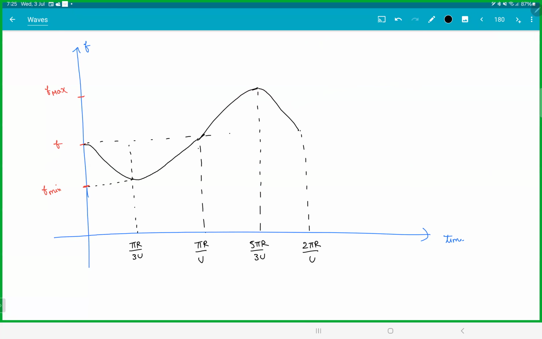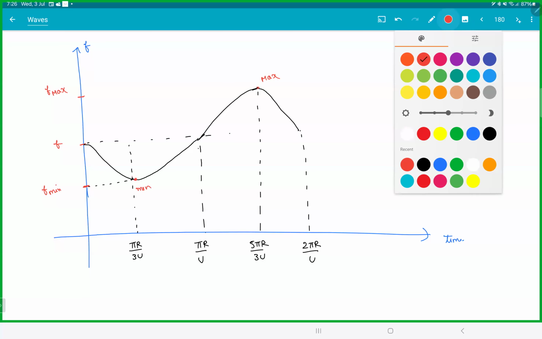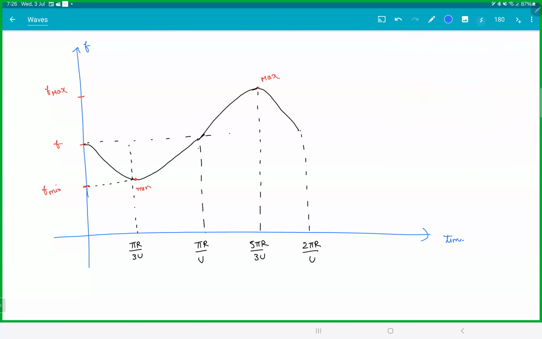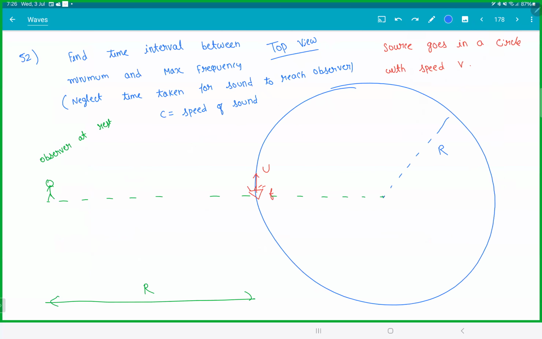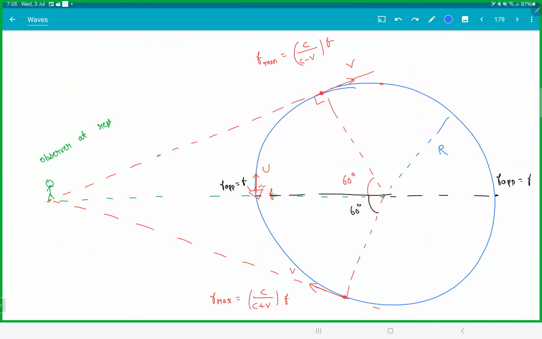It will be unequal lengths and unequal heights. And this would repeat. This is your minimum, this is your maximum. So the time interval between maximum to minimum and minimum to maximum is different. So you have to be careful what is being asked. Minimum to maximum, you should take 240 degrees, 4 pi r by 3u.